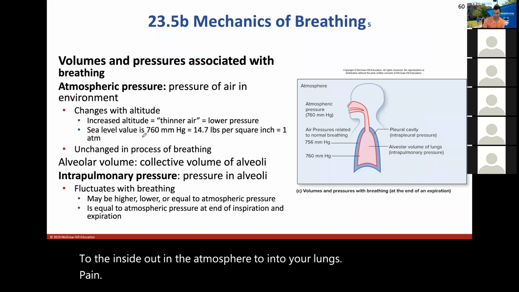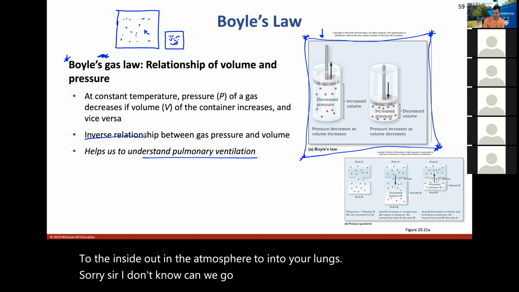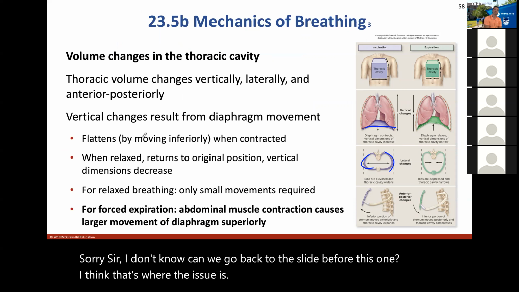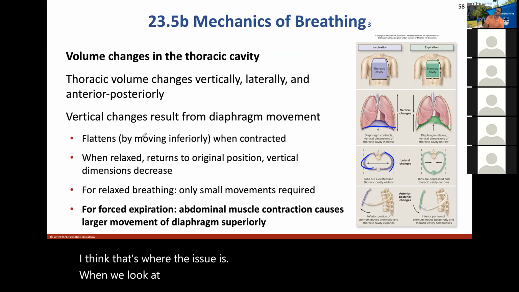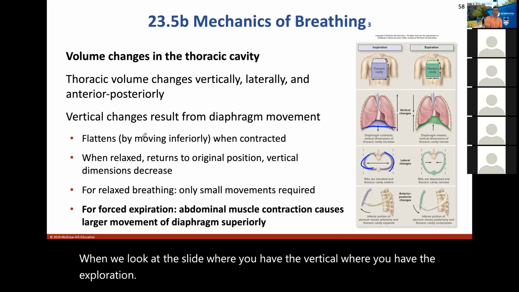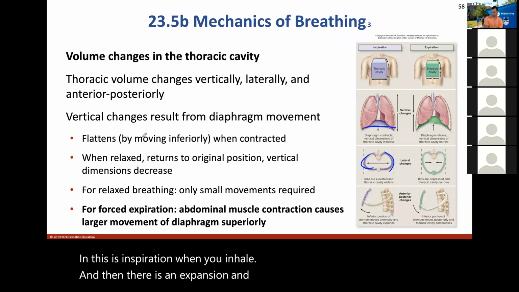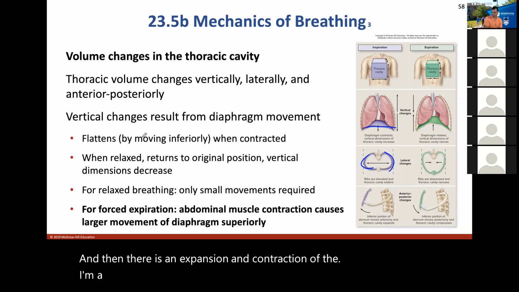Sorry, sir. I don't know. Can we go back to the slide before this one? I think that's where the issue is. When we look at the slide where you have the vertical, where you have the expiration, this is expiration when you inhale, and then there is an expansion, the contraction of the diaphragm and the lungs, because when it contracts.